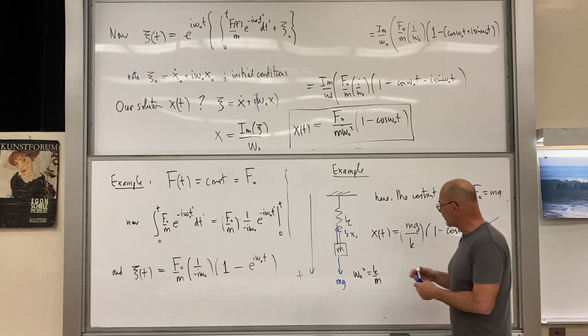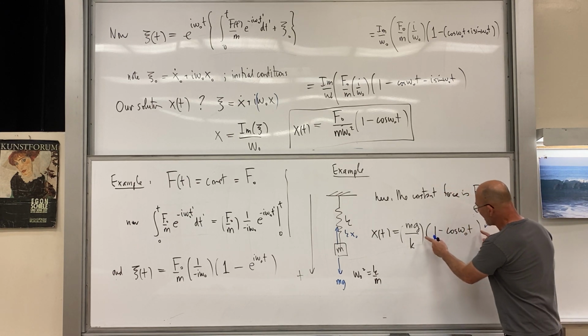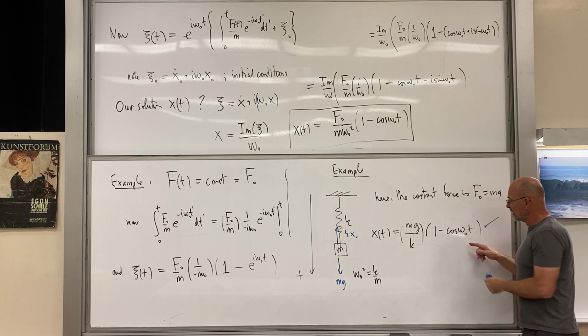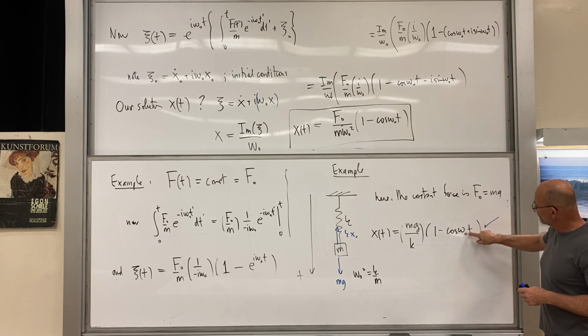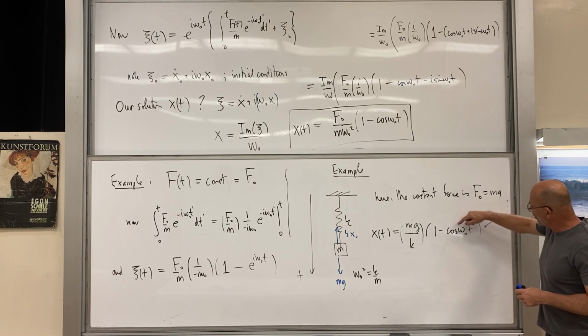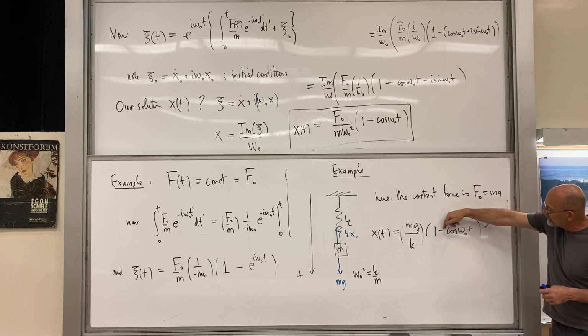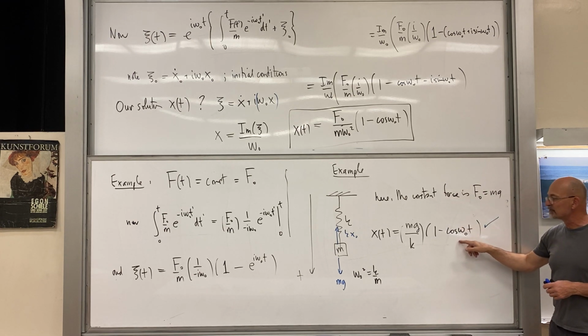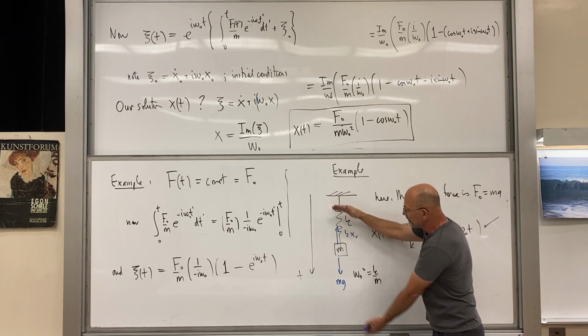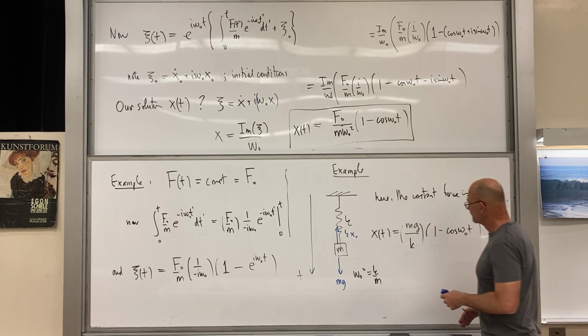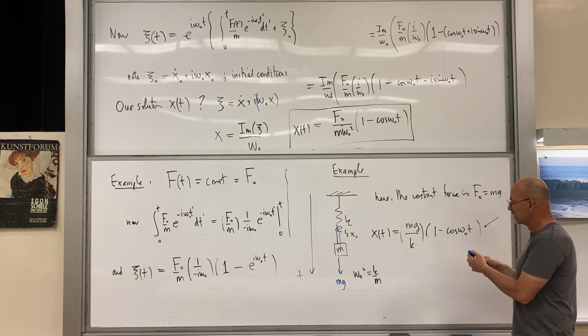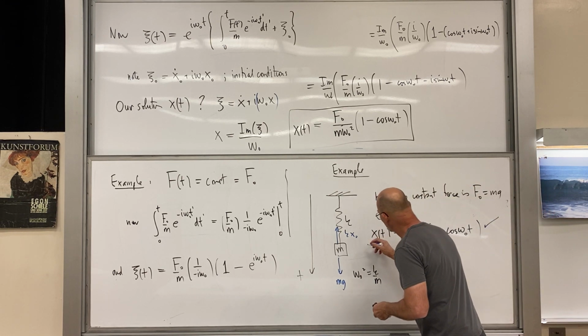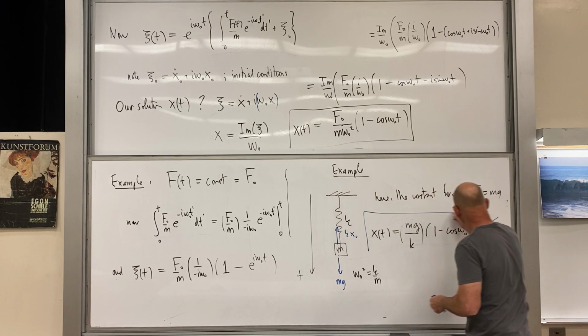So if you release it from rest from your origin, you've got a zero everywhere. And then at half a period, you're going to have 1 minus negative 1. You're going to have 2 times the full amplitude. Good. So yeah, this is worth the analysis. It really shows everything.